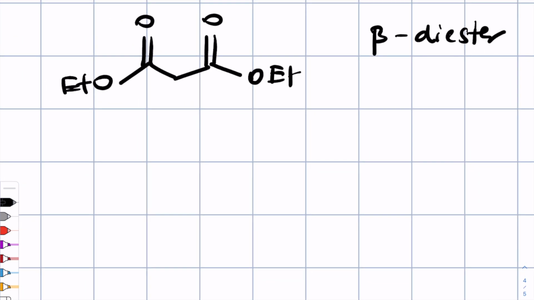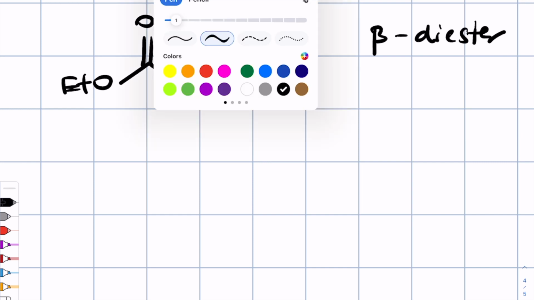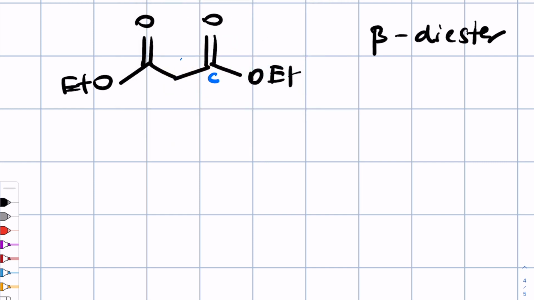It is so called because if you define this as a carbonyl carbon and this is the alpha carbon, on the beta carbon relative to the blue carbonyl carbon, you have another carbonyl group. So in other words, the alpha protons are alpha to two different carbonyls, blue carbonyl and orange carbonyl, beta diester.